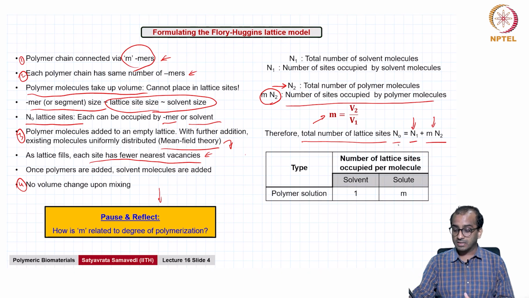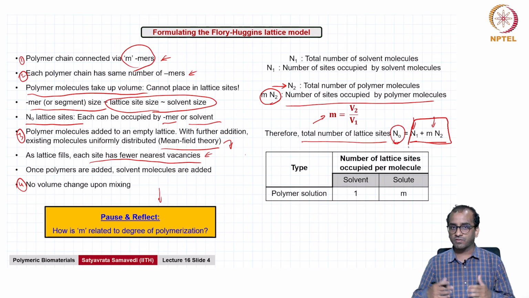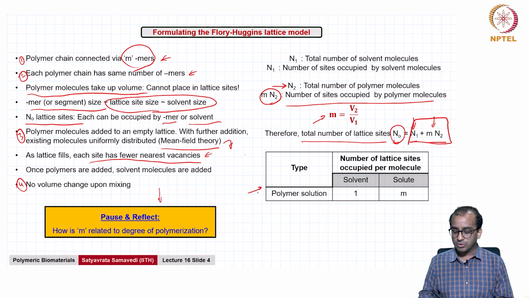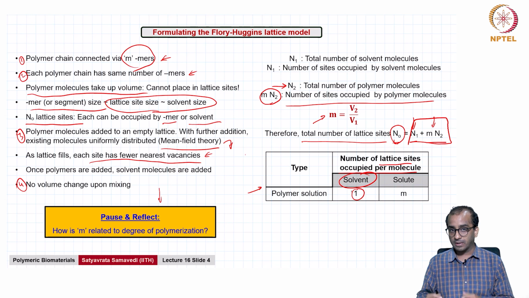So, the number of lattice sites here will be higher because of the size of the macromolecule essentially. This table again shows that for the solvent, the number of lattice sites occupied per molecule still remains 1, whereas the number of lattice sites occupied per molecule for the polymer will now be m. I hope that difference is clear.